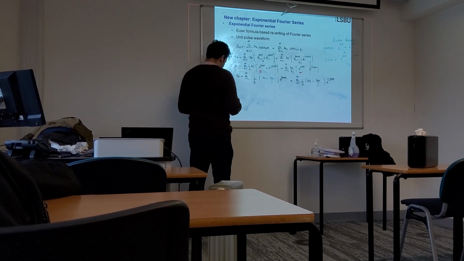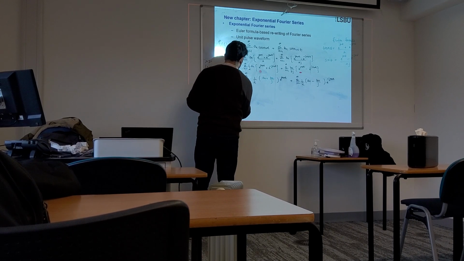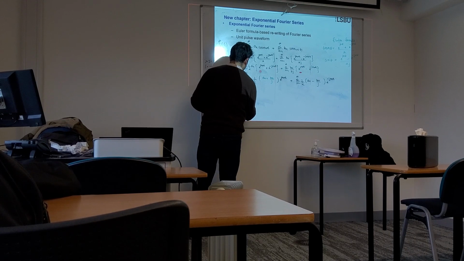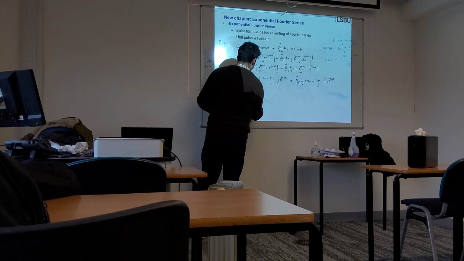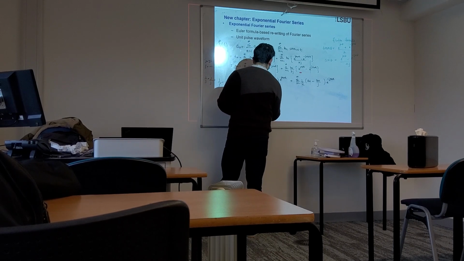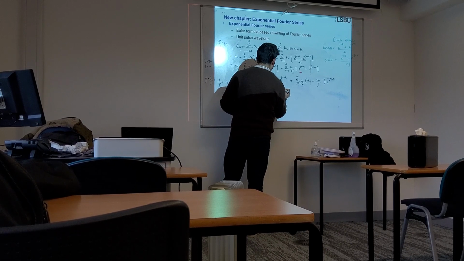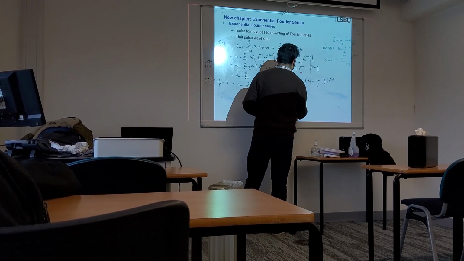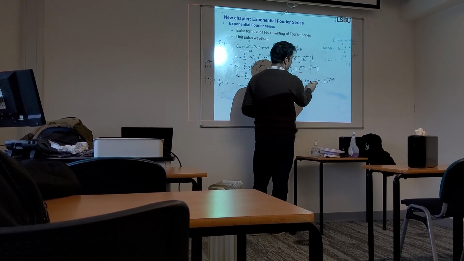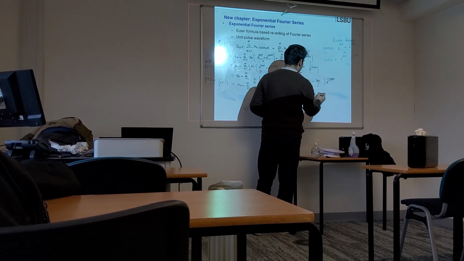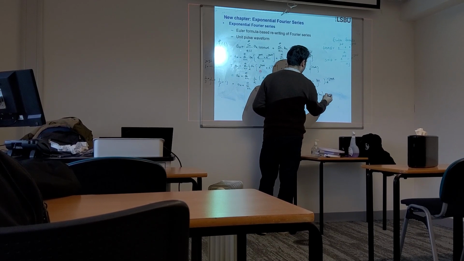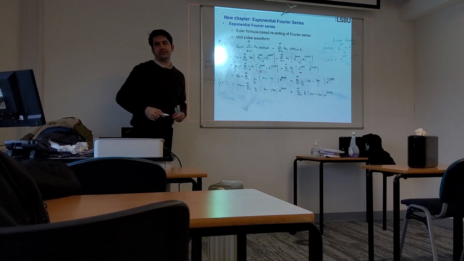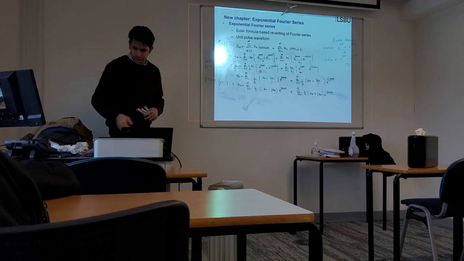Okay, so now f(t) is equal to a0 plus summation n equals 1 up to infinity 1 by 2, inside it would be an minus j bn e power j n omega t, plus summation n equals 1 up to infinity 1 by 2, and here since there is already a minus, it would become plus j bn e power minus j n omega t. It's clear so far, right? Mm-hmm. Clear.